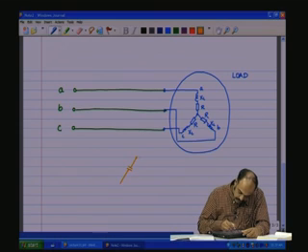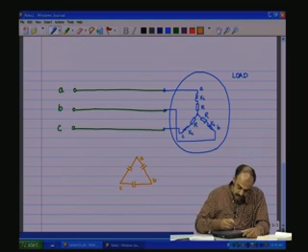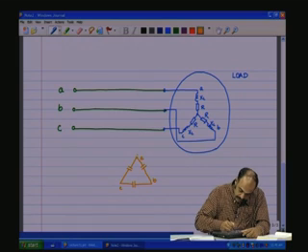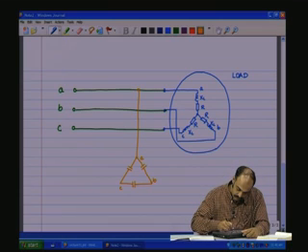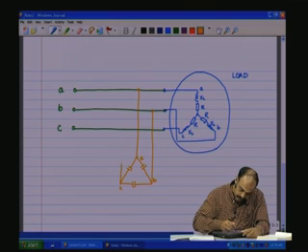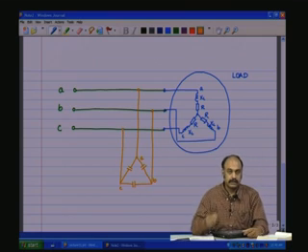So, let us connect 3 capacitors in the delta as shown here. Let us call this one A, B, C of the capacitors, and let us link it up. A is connected to the A phase, B is connected to the B phase, C is connected to the C phase.